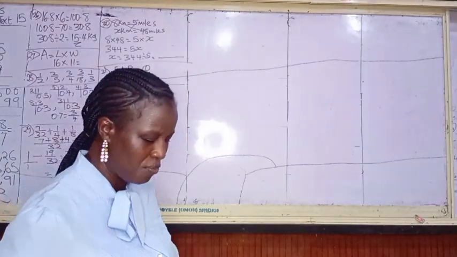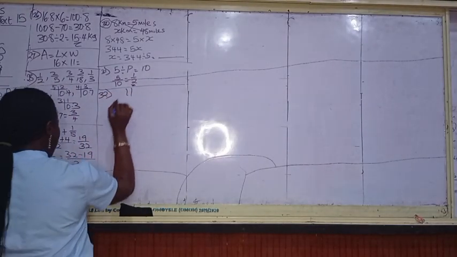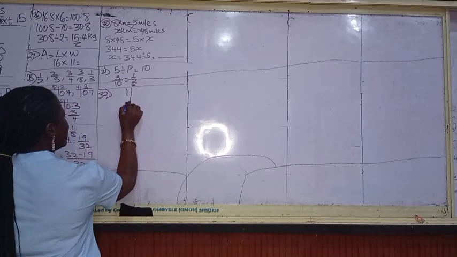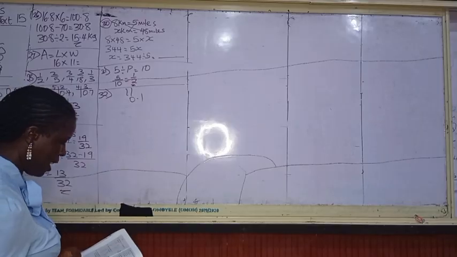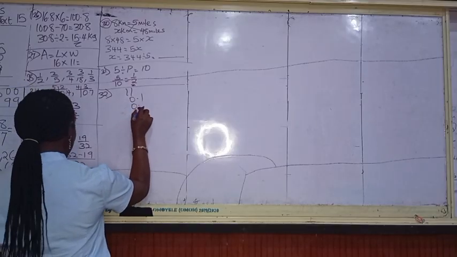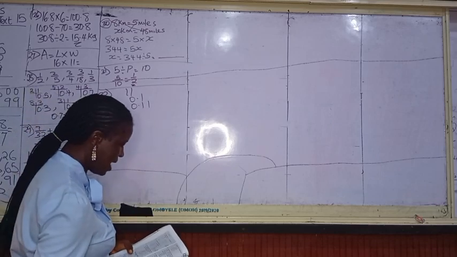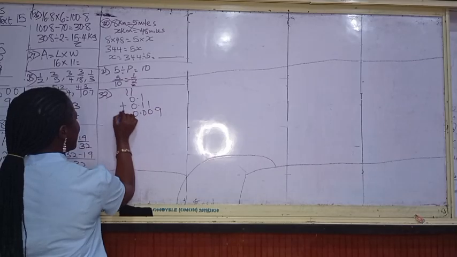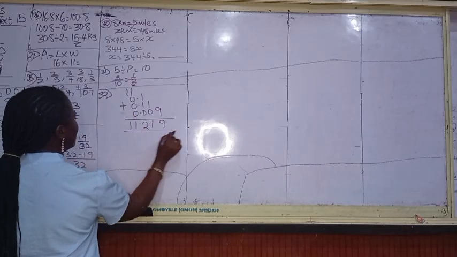Express the result of 11 plus 1/10, that is 0.1, plus 11/100, that is 0.11, plus 9/1000, that is 0.009. So we have to find the value. Adding them together, the answer is 11.219.